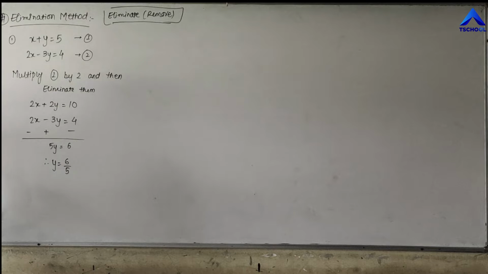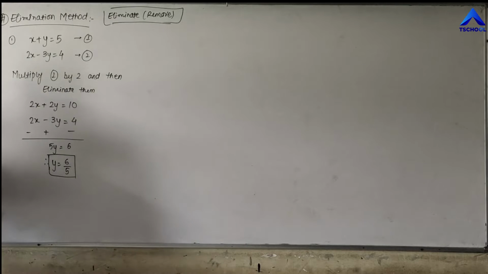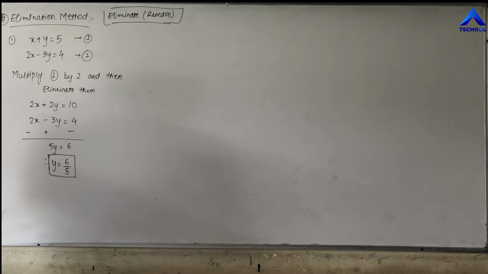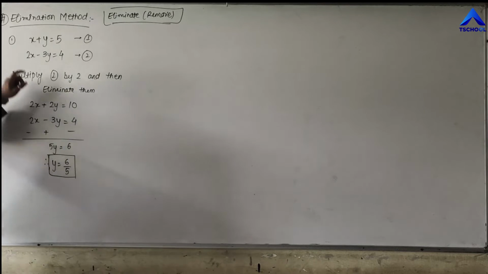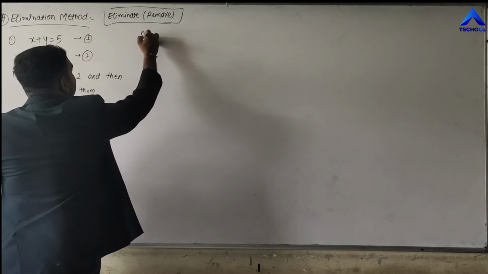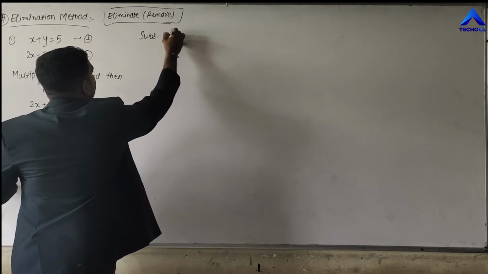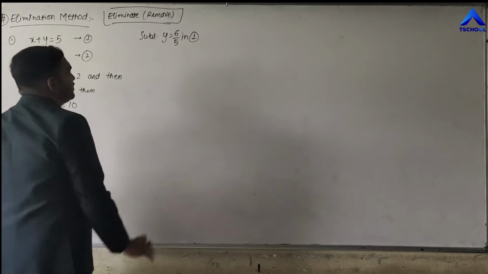Is it clear or not? Right, so this is my y equals 6 upon 5. Now we are going to substitute this value of y equals 6 upon 5 in either of equations 1 or 2. So substitute y equals 6 upon 5 in, let us say, equation number 1.